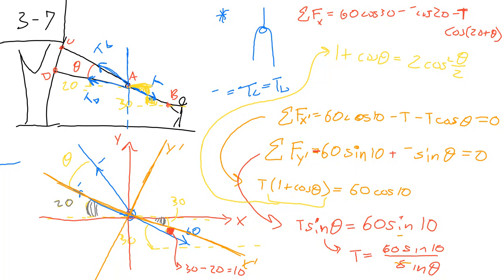Oh, actually, I think I see a better way. I hope all that makes sense up to this point. Basically, I wrote this new coordinate system, x prime and y prime, so that we can get these two equations to solve for t. It still might be just as tricky as using another way, but I think I see a path. So I'm going to start back off with these two.